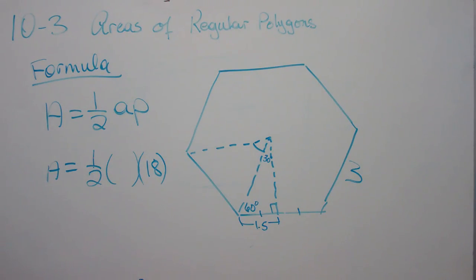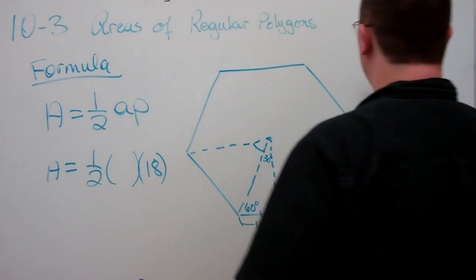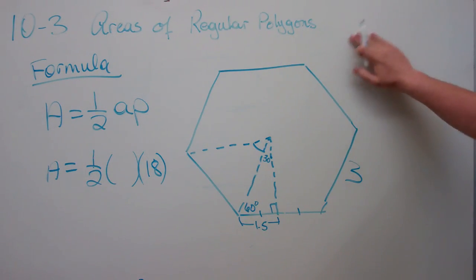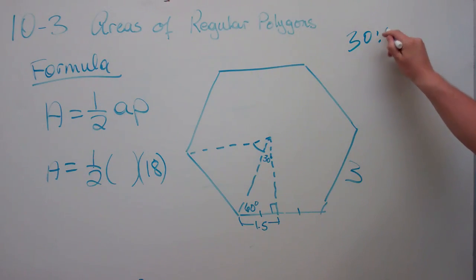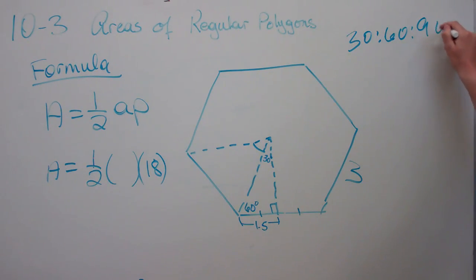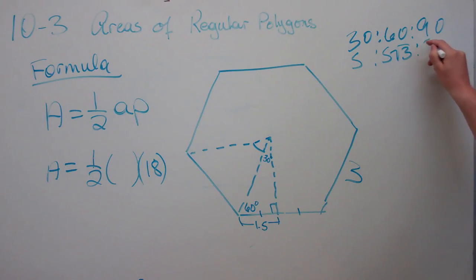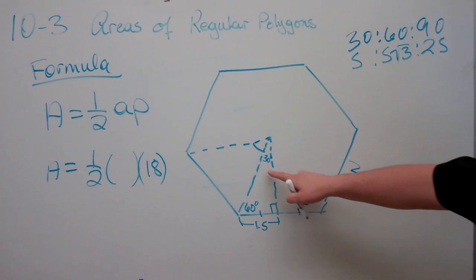And since we have a 30, 60, 90 triangle, we're going to use the ratio that we learned: S, S times the square root of 3, and 2S. Remember, S is across from the 30.